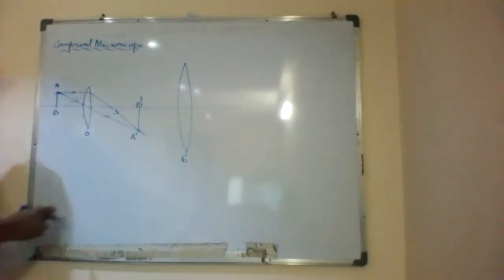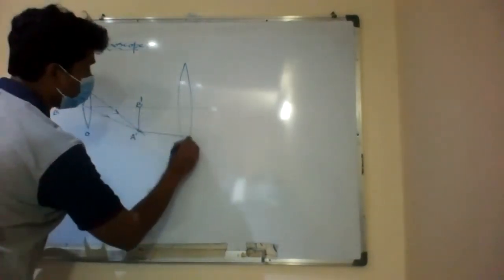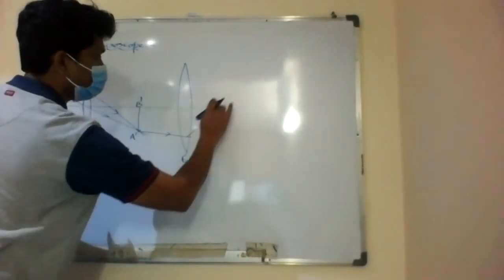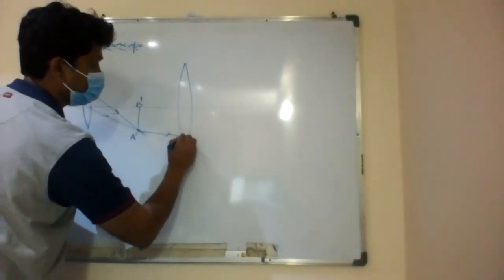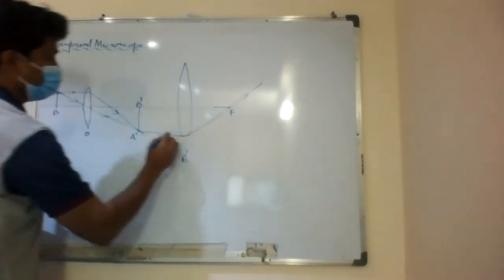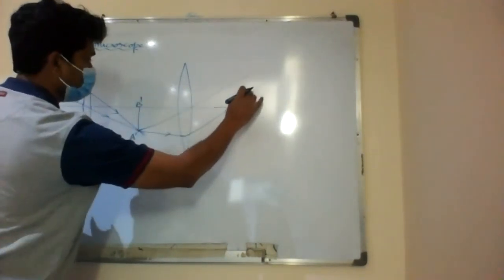Now, I'm going with this one. Two rays: a ray which is parallel to the principal axis will pass through the focal point. Second ray which passes through the optic center goes undeviated.